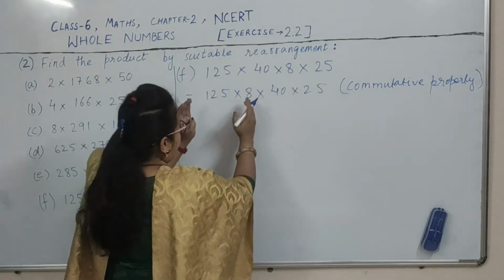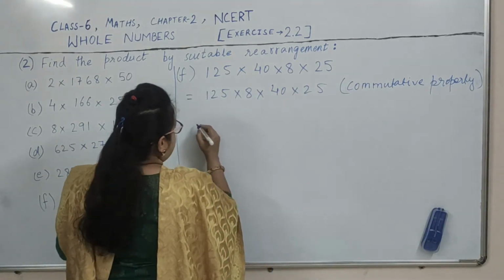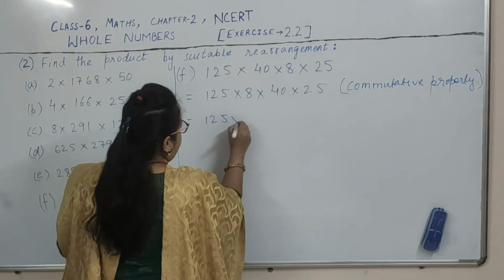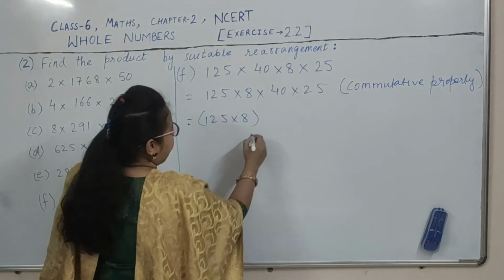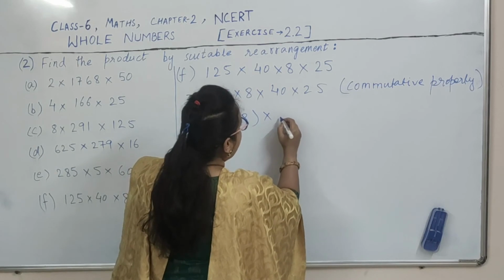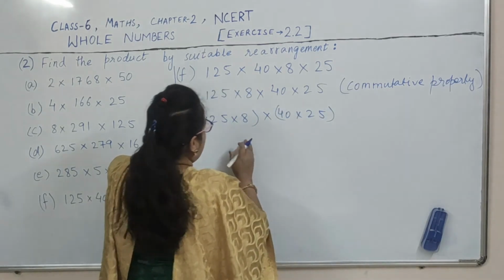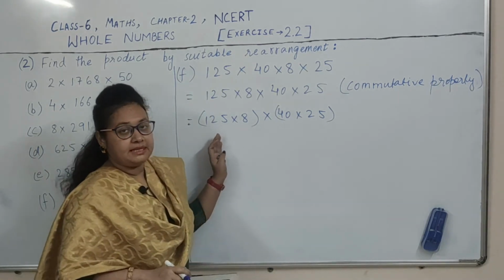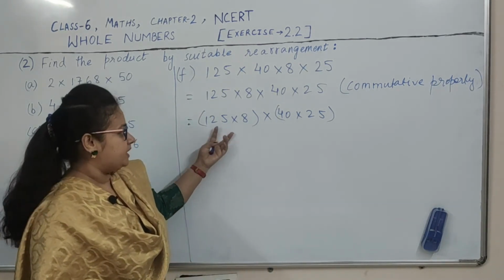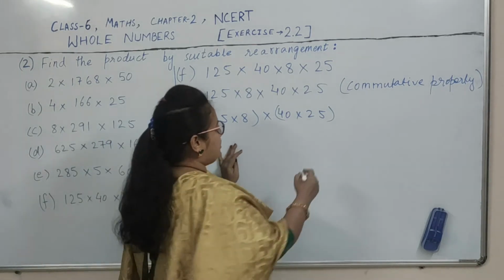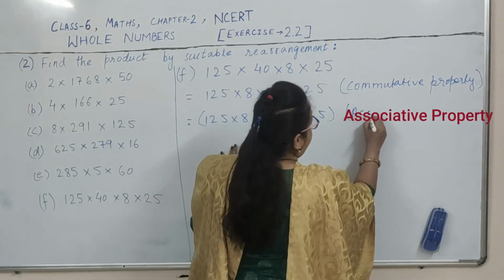Now what we will do, we will associate these two numbers. Okay, see 125 and 8. These two will be associated and these two will be associated. So 40 into 25. Okay, so what is that property? This is associative property when we associate numbers.